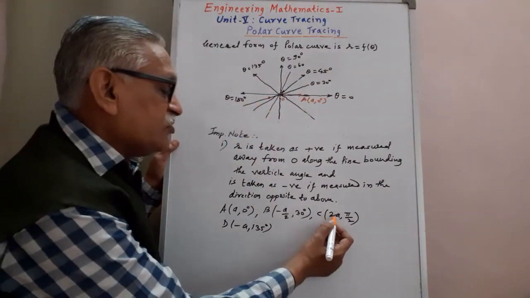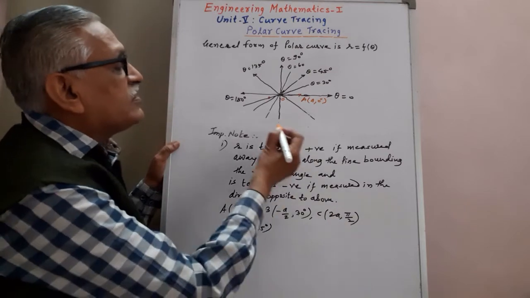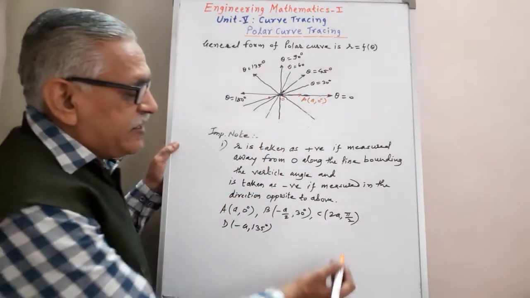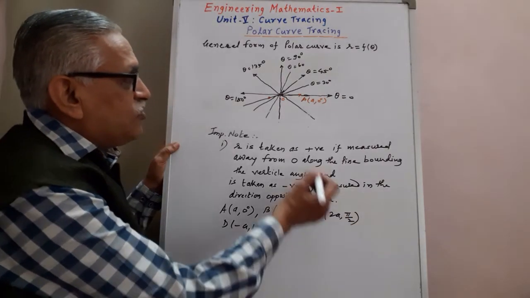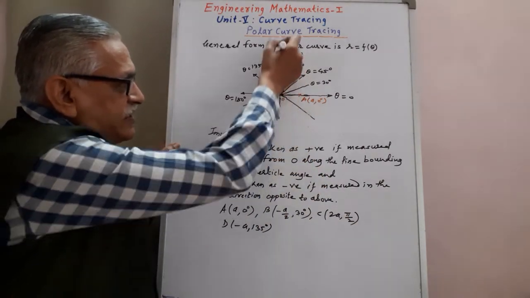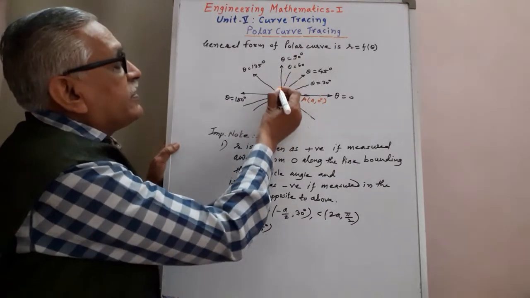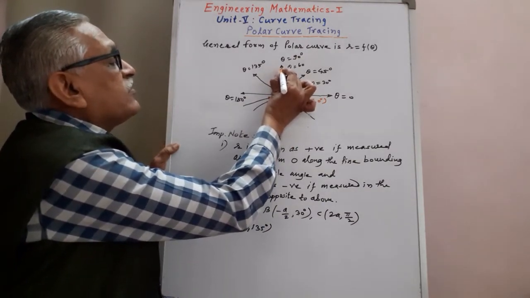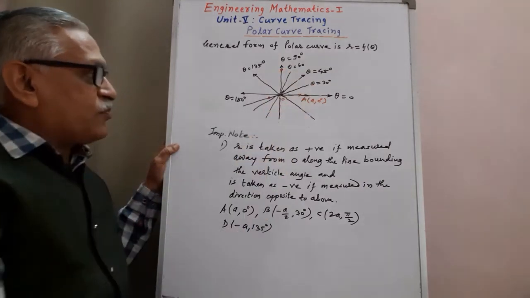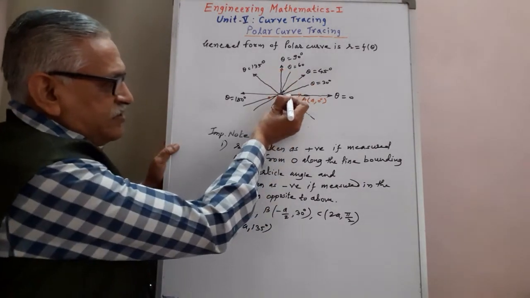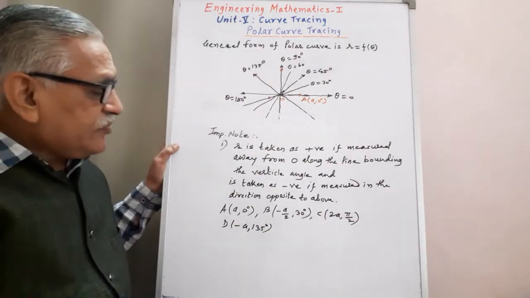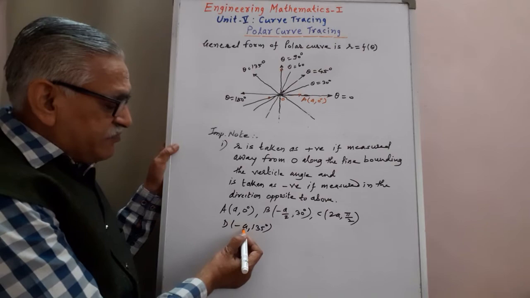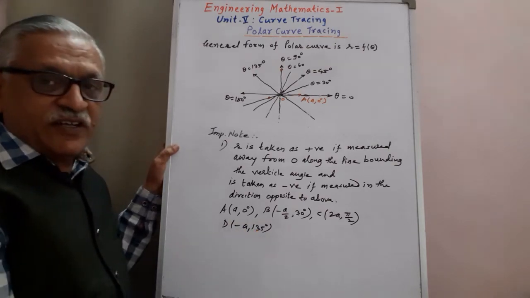Then C is 2a, pi by 2. The radius vector length is 2a and the angle made is pi by 2, so that point lies on the line theta equals pi by 2, or 90 degree, at distance 2a. Then the fourth point, D, is minus a and the angle is 135 degree.